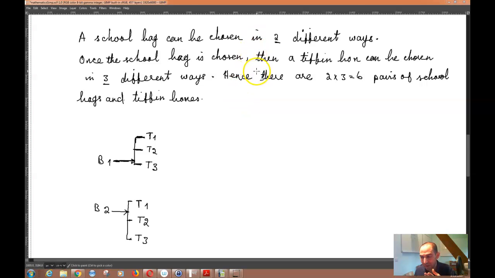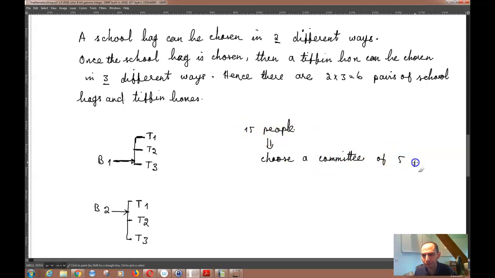The typical problems you solve in combination and permutation are like this: we have 15 people, and out of these 15 people we want to choose a committee of 5 people. In how many ways can we do that?